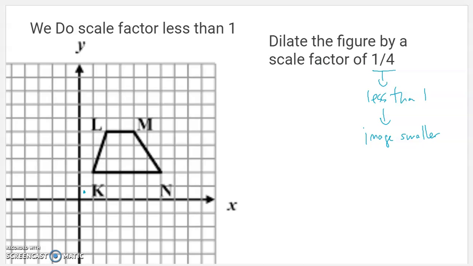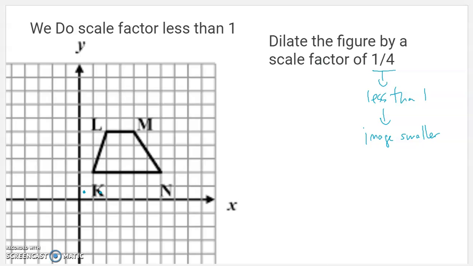Over 1/4, up 1/2. This one was over 6 and up 2. So 1/4 of the way to 6 is 1.5, I think. 3 is half, and then 1.5 is half of that. So I'm going to go over 1.5, and then up 1/2, because 1/4 of 2 is 1/2.